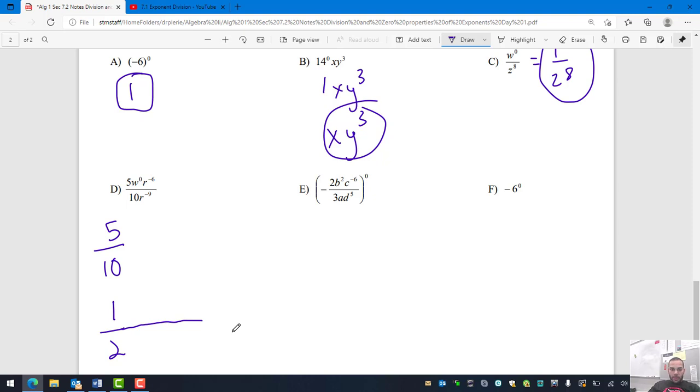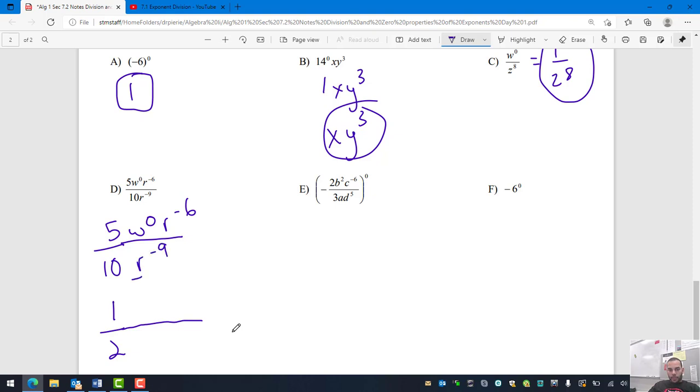The next piece I see in my numerator is w to the 0 power. Okay, we already know that w to the 0 power is the same thing as 1, so it basically just goes away. It doesn't cancel or zero anything out. It just becomes 1. And then the next piece I see is r to the -6th in my numerator, and then r to the -9th in my denominator.